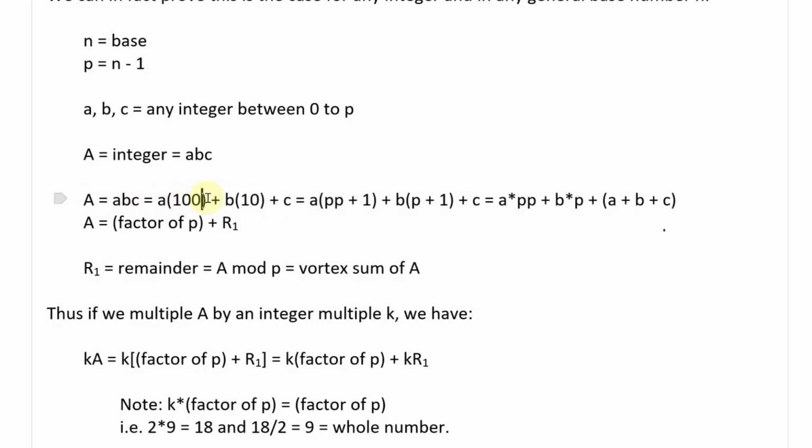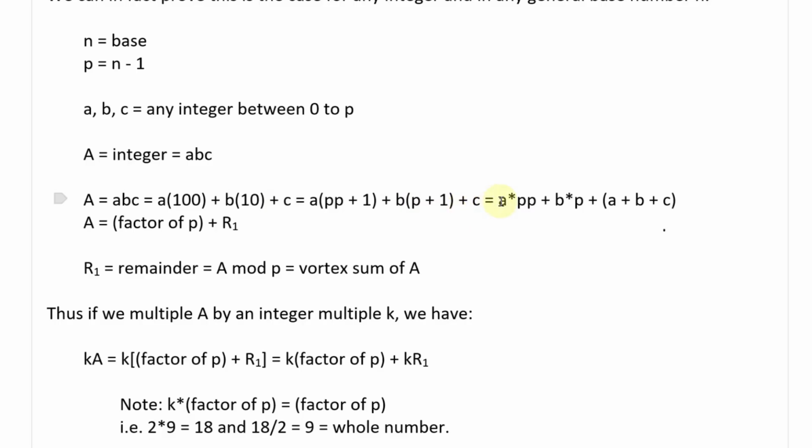Here we'll have a times 100 plus b times 10 plus c, and then we break this number 100 up based on its number system. In this case, p is the largest digit, so we can have this equal to a times p(p plus 1), and then b times, this is a 10, p plus 1, and then c is just c times 1, just ignore the 1. So it's plus c.